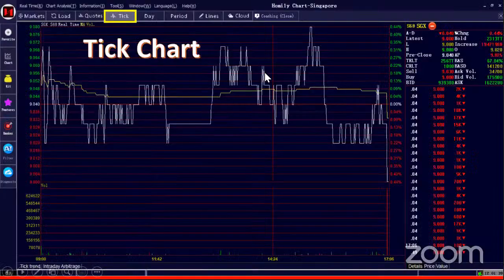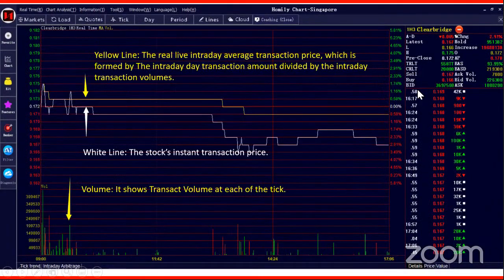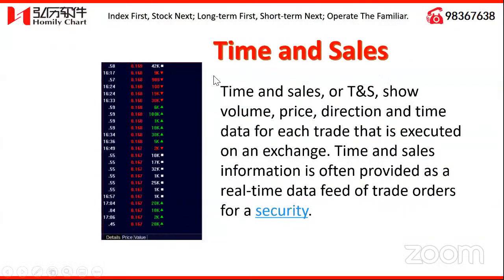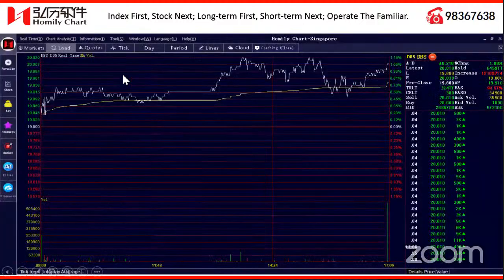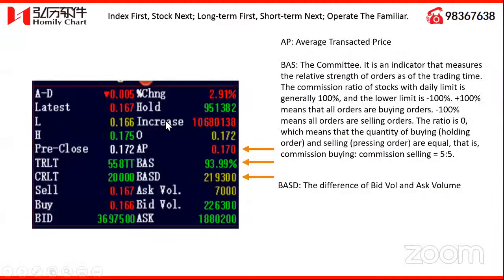This is the tick chart, and also what is time and sales, and what is the information here in the PC kit. So that's all for today. If you have questions, I can answer you.